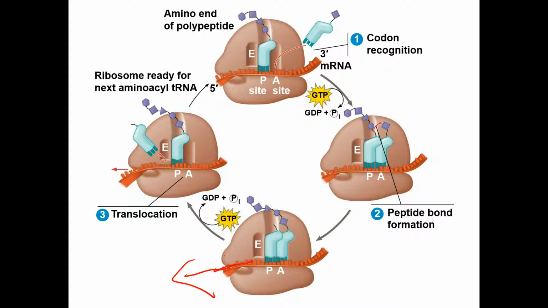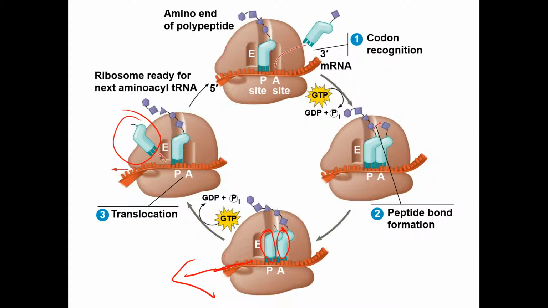So now this tRNA molecule that's uncharged occupies the E site. This tRNA molecule with a growing polypeptide chain occupies the P site. And now the A site is vacant. The next tRNA molecule can come in and bind. The uncharged tRNA molecule exits or leaves the ribosome.